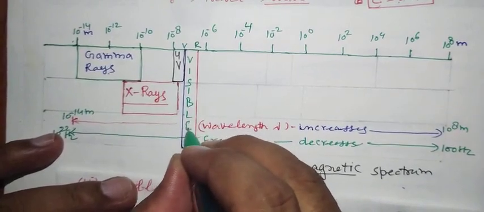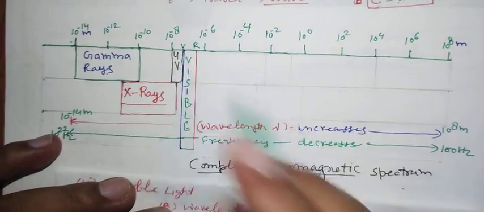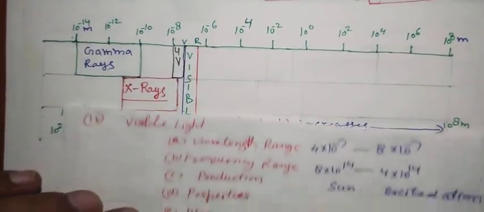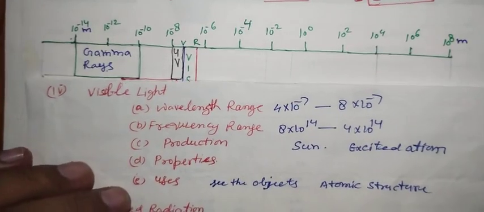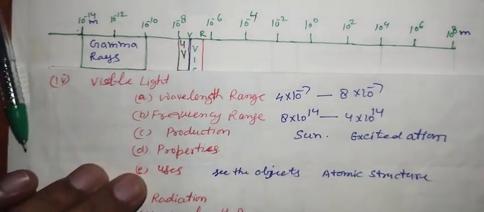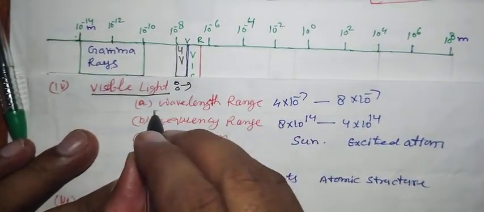Now the fourth one is the visible spectrum from violet to red. A very small range, which will become very clear when we analyze it in detail.